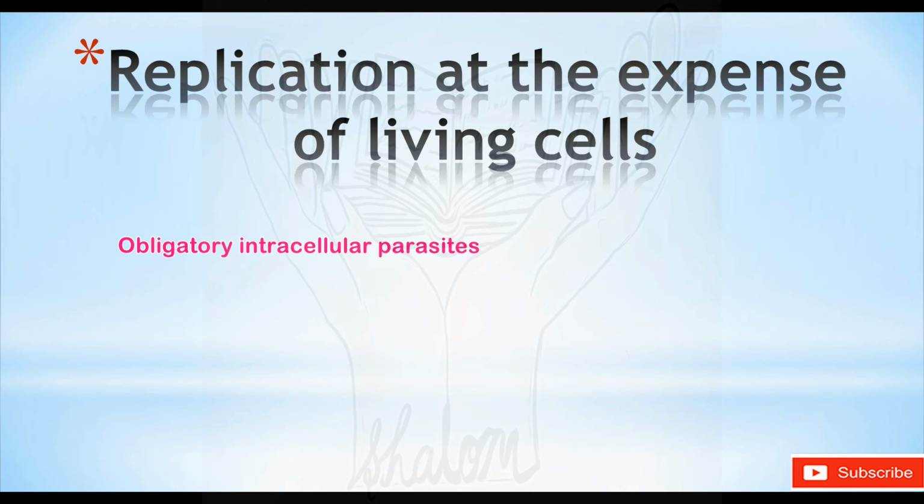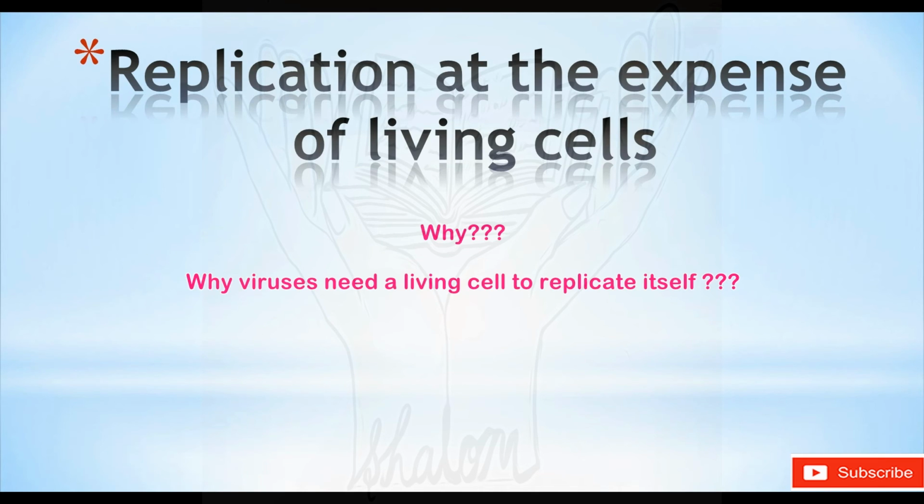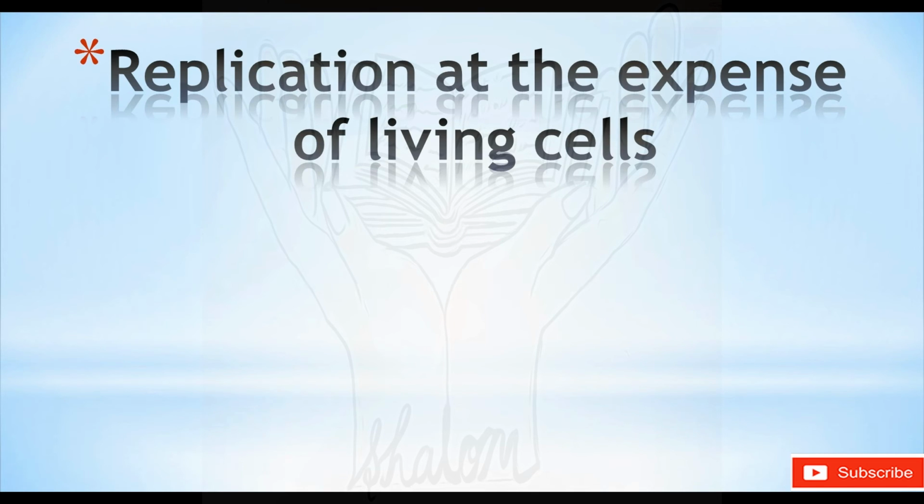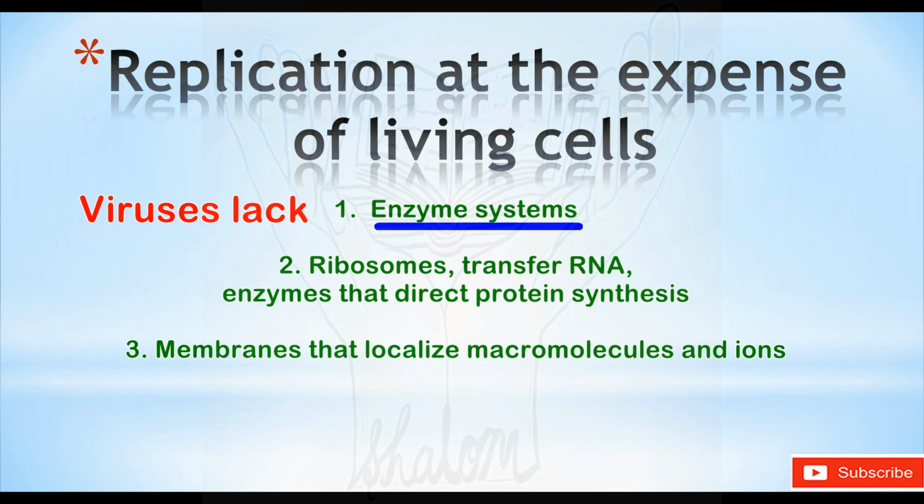So they are intracellular parasites and they definitely need living cells to replicate. But why? What is the reason behind this concept about viruses? The primary reason is that they lack basic elements required for growth and replication. These basic elements broadly include the enzyme system. First and foremost, enzyme system.